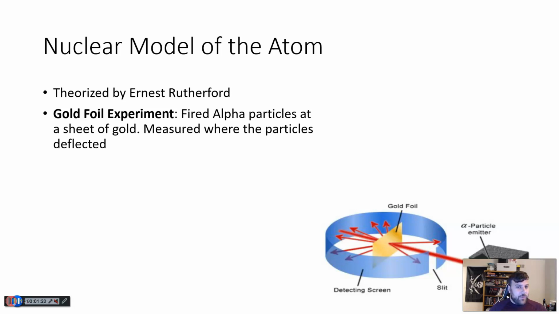The hypothesis was, if the plum pudding model from Dr. Thomson was correct, then all of the particles should contact with the back portion of the sensor array. But this wasn't what he saw. Instead, the alpha radiation was deflected all around the sensor array, like it was bouncing off of something.